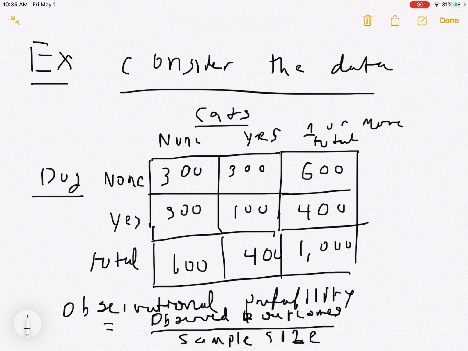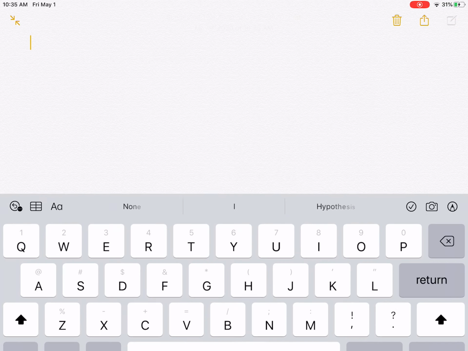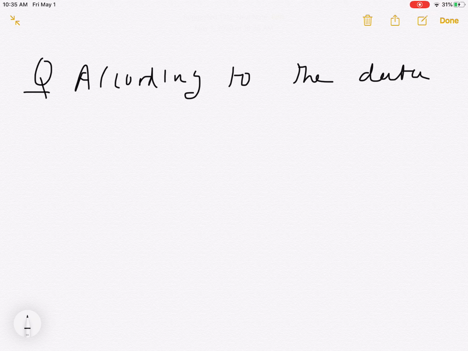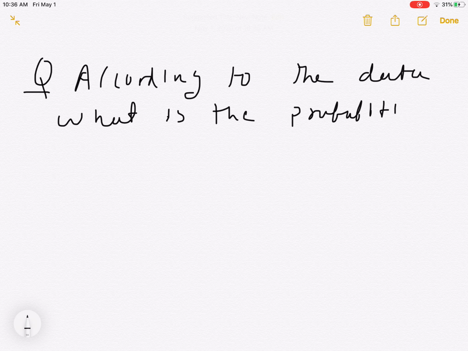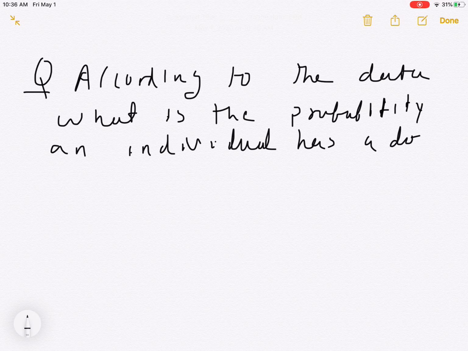And I could ask you, for example, what is the probability an individual has a dog? So probability of yes to the dog.